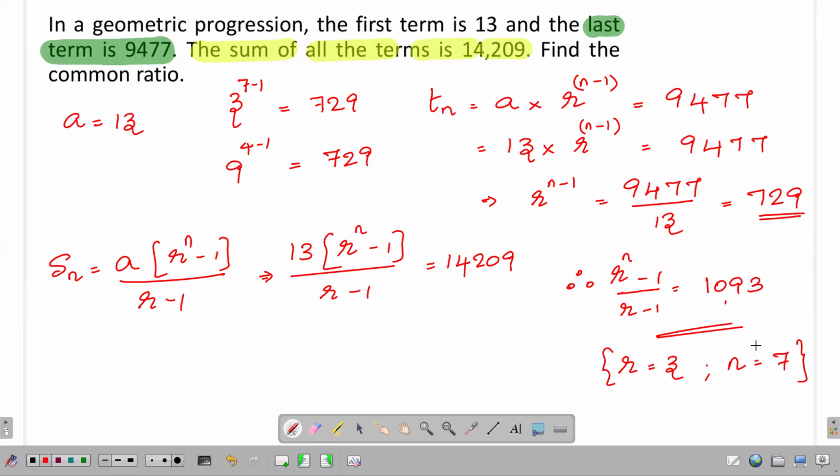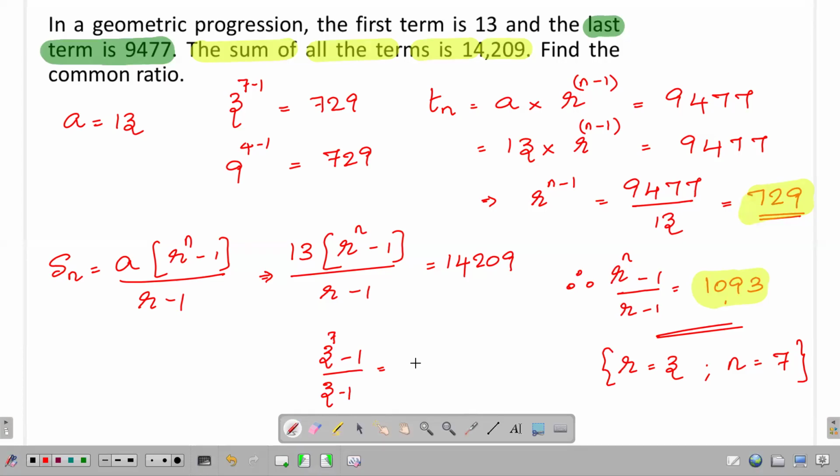It is going to work in both these instances: the first instance where it is coming as 729 and also this instance, 1093. You want to check, you can do. R is 3. 3 power 7 minus 1 divided by 3 minus 1. When you do it, I can say it will work properly.